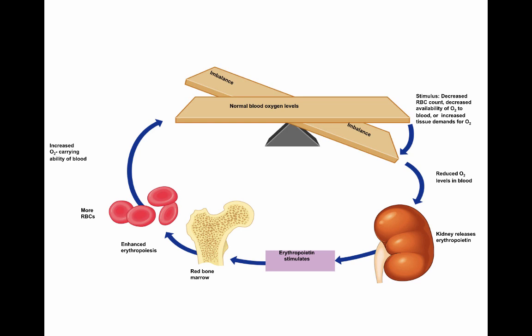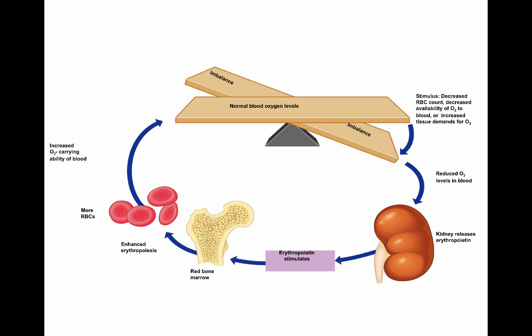Here's a little graphic that gives you an idea. So we've got our little homeostatic teeter-totter there, and when oxygen levels are normal, we're balanced, but if the oxygen levels in the blood fall, or if there's a decrease in the red blood cell count, or if there's an increase in the demand for oxygen by your tissues, all of that can cause this to tip.